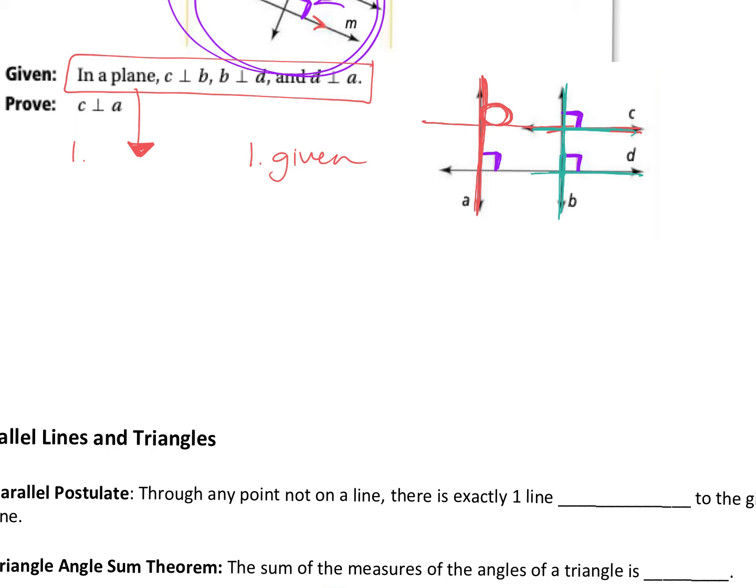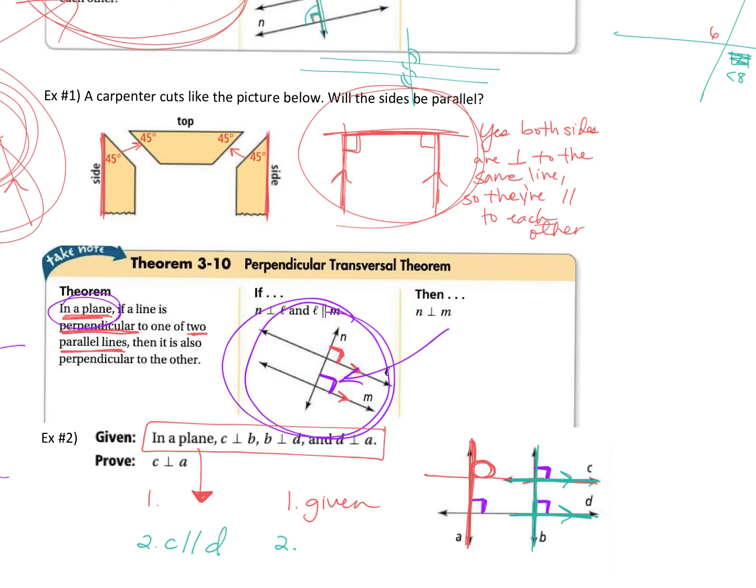C is parallel to D, right? If we know they're perpendicular to the same line, then we know they're parallel to each other. So that's step 2. C would be parallel to D. That's theorem 3.9 that we talked about up here.